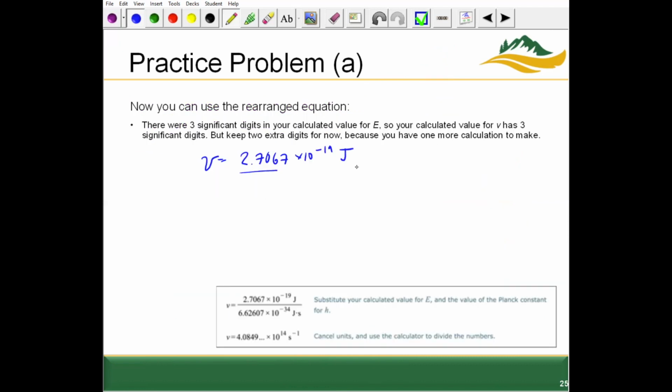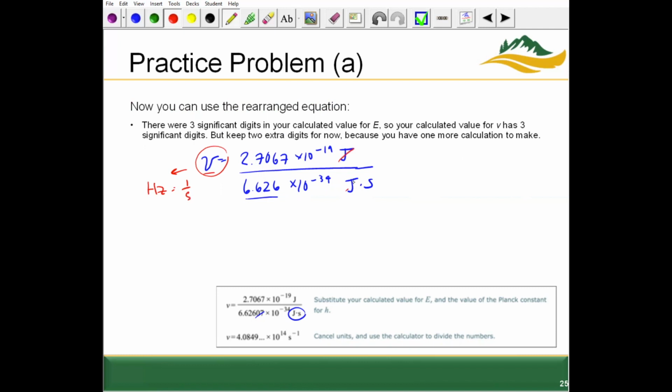So this is our E term. For Planck's constant, let's use the joule second unit. So 6.626, I usually just use 6.626 rather than this 07. So 6.626 times 10 to the negative 34 joule seconds. Do our units work out for what we expect for frequency or nu? For frequency or nu, we expect a hertz or a 1 over seconds.